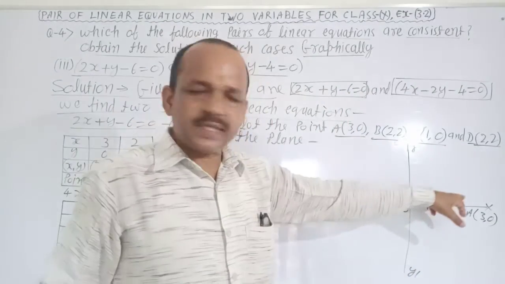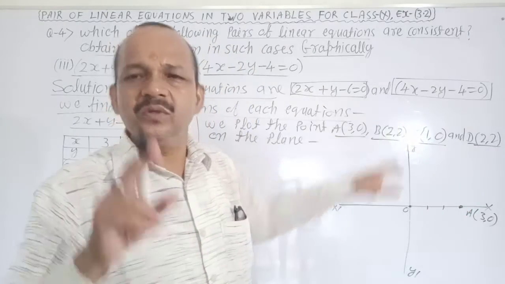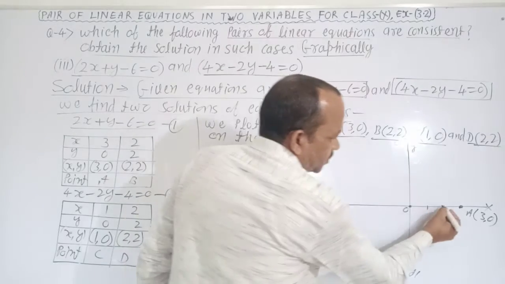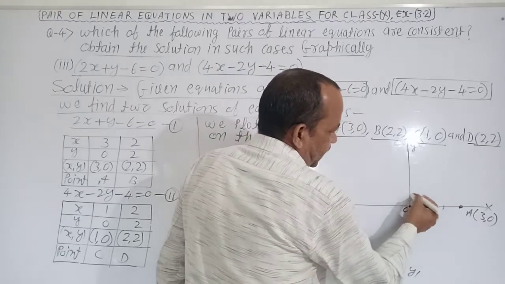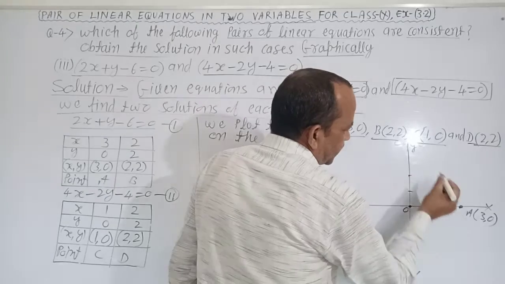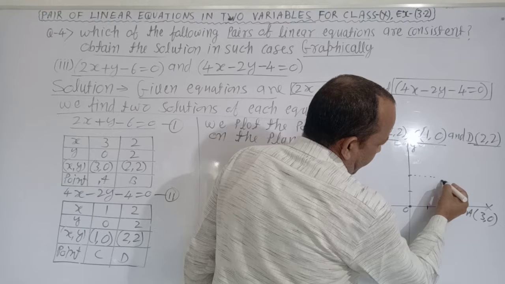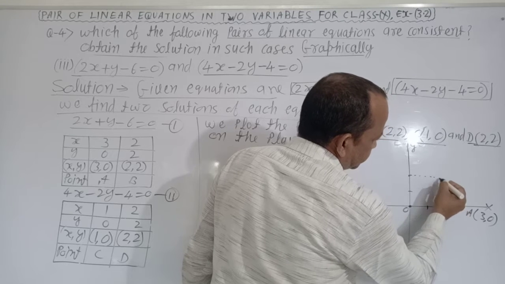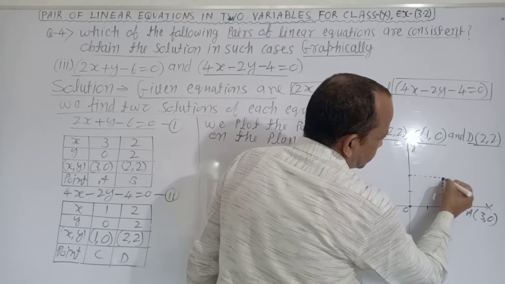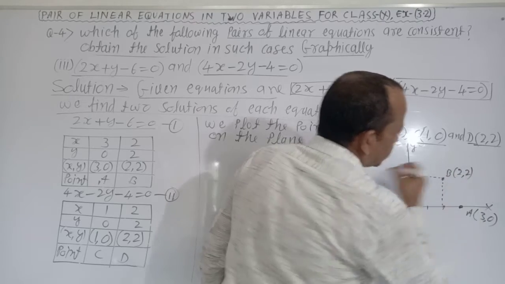You plot point B, 2 and 2. 2 on the x-axis in the positive direction, 2 on the y-axis in the positive direction. Clear? Here 2 and here 1, 2. It means your point B is here. Point B, coordinate 2 and 2.